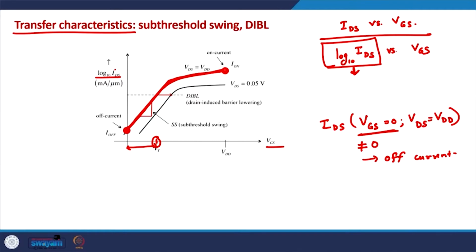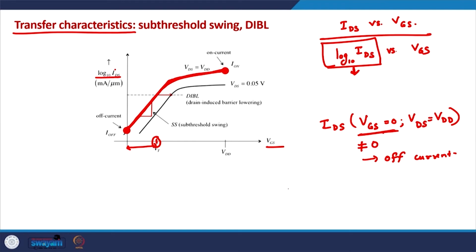If we apply a high drain voltage, the probability for electrons to cross from the drain side diminishes, and there is a finite probability that the electrons sitting on the source side will cross to the drain side, and they will give us a certain current even if VGS is 0. This is known as the off current.